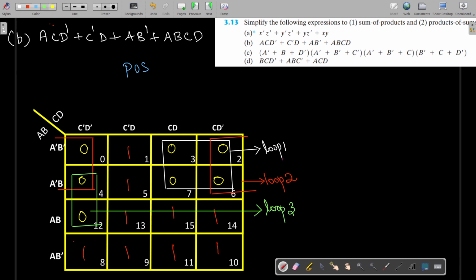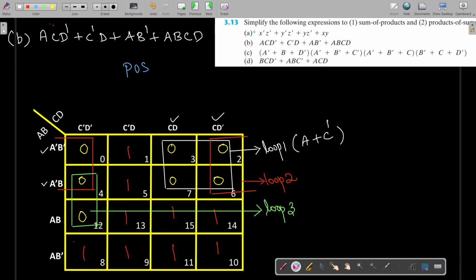So how to write the expression for loop 1? Loop 1 actually covers these 2 row wise and these 2 column wise, isn't it? So A dash is available, B dash and B get cancelled. So that A dash must be written as A, and here it is covering CD and CD dash. So D dash and D get cancelled. C is available, that should be written as plus C dash.